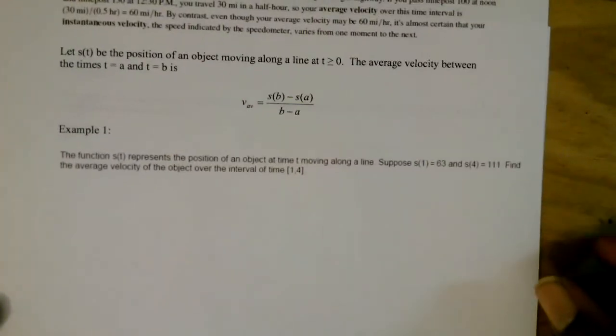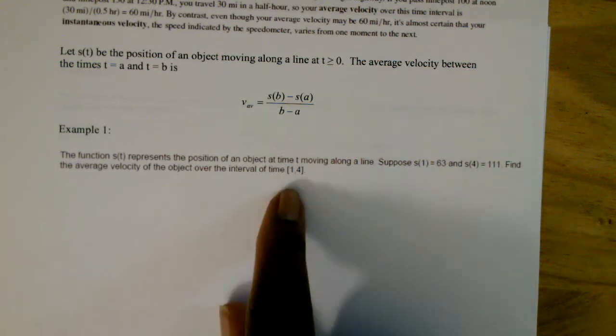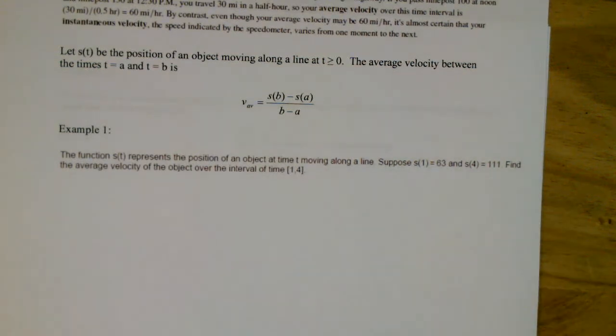The function s(t) represents the position of an object at time t moving along a line. Suppose s(1) is equal to 63 and s(4) is equal to 111. Here I want to find the average velocity of the object over the interval of time from 1 to 4, so that's the closed interval from 1 to 4.